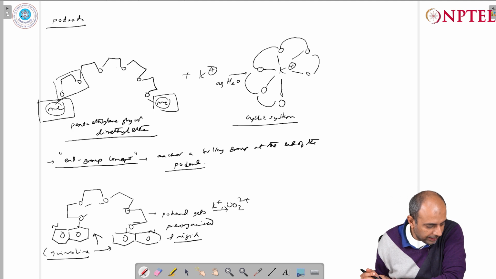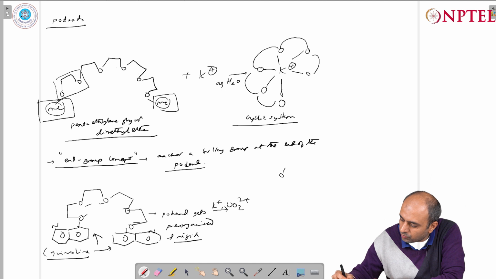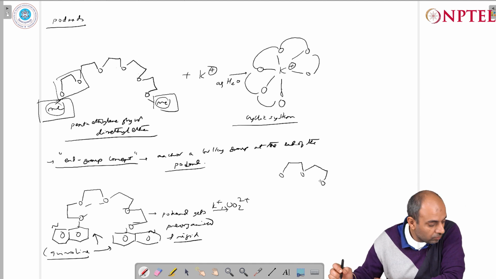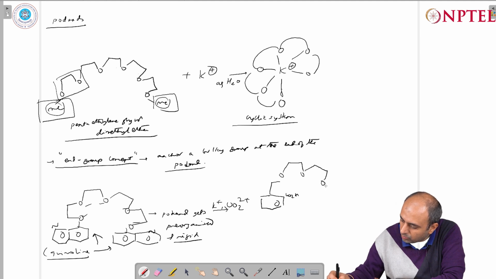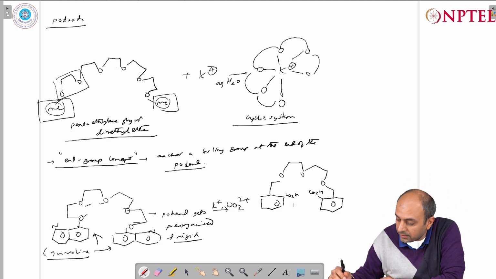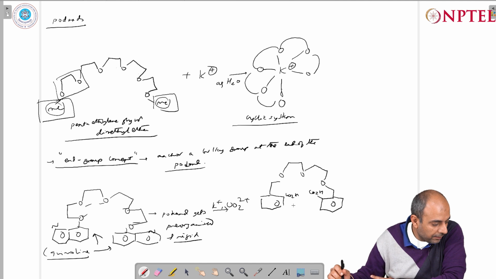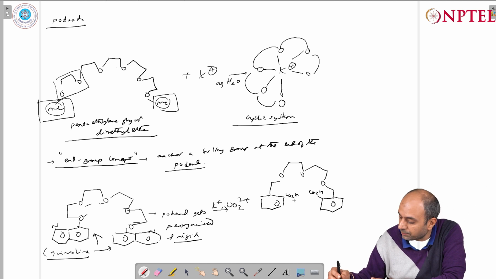For example, we can make benzoic acid substituted podands as well, and this kind of species can also now effectively encapsulate cations. Why? Because the hydrogens here are acidic.